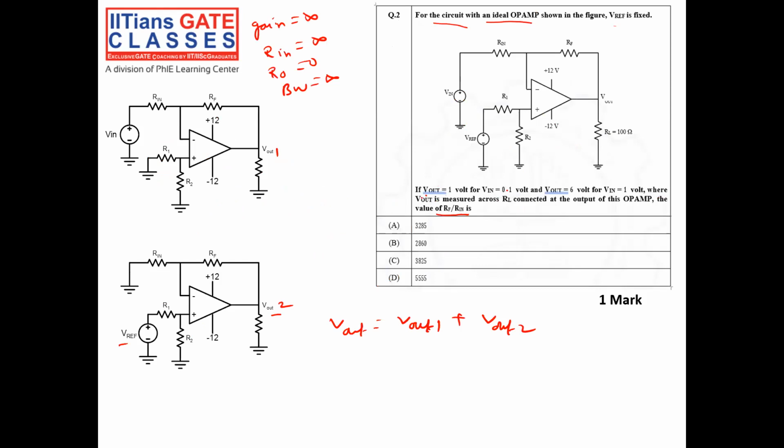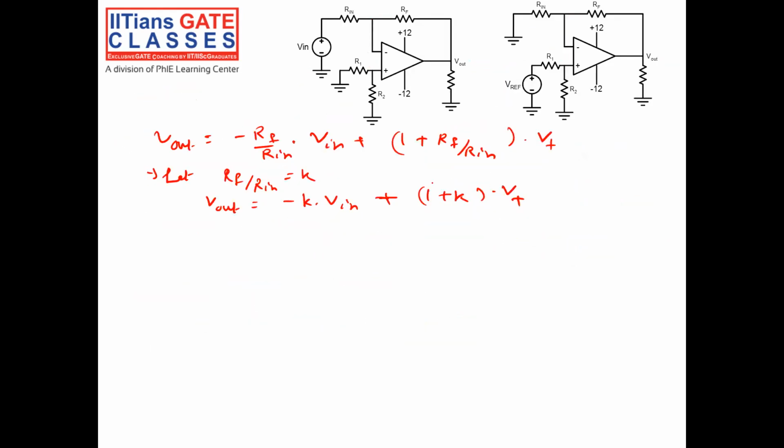The first condition is V out is equal to 1 volt when V in is equal to 0.1 volt. We'll apply this in the above equation. So 1 volt equals minus K into 0.1, which is the V in, plus 1 plus K into V positive.